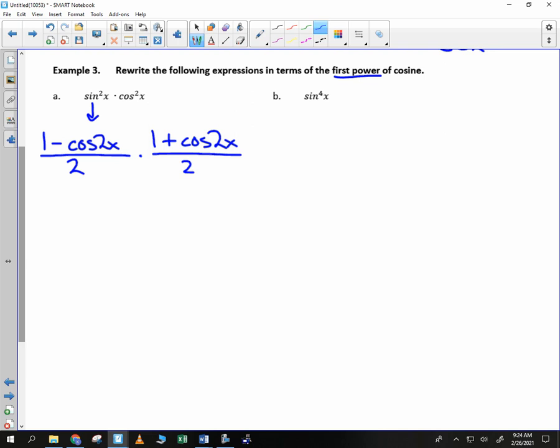All right. Just take your time when you work through, okay? Let's multiply. 1 times 1 is 1. 1 times cosine of 2x is cosine of 2x. 1 times negative cosine of 2x is negative cosine of 2x.